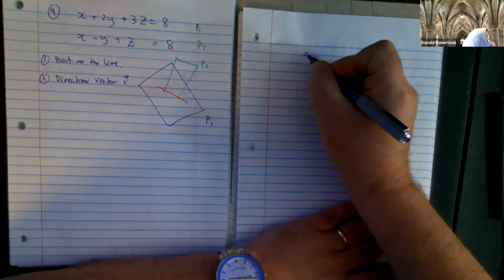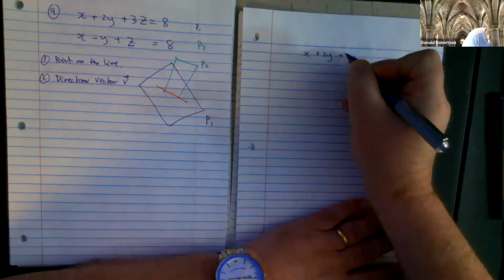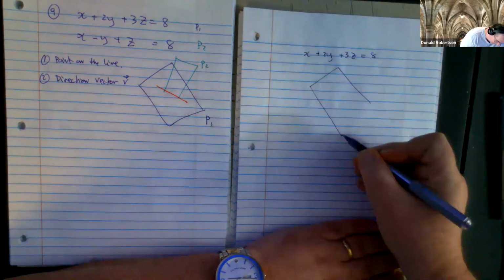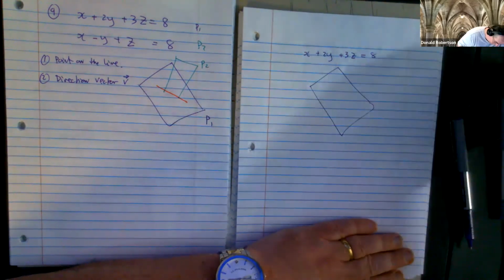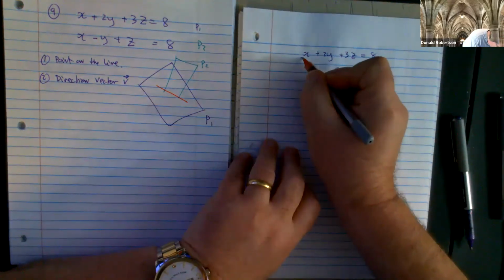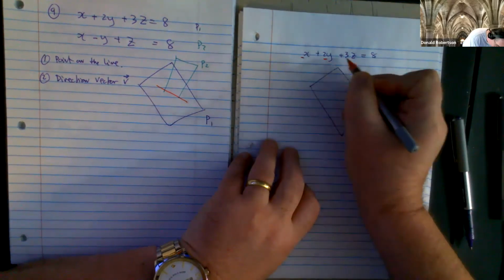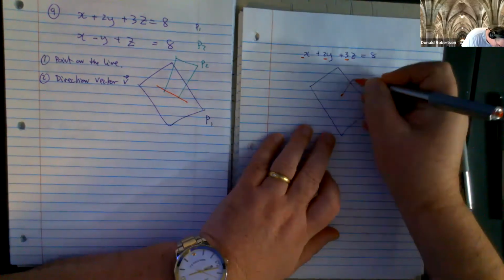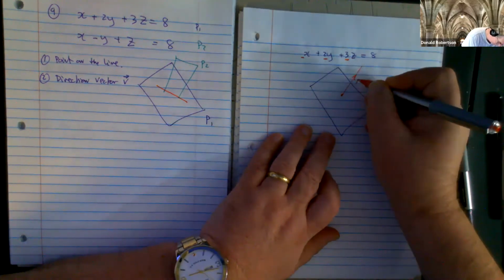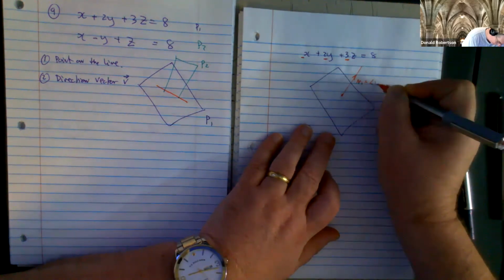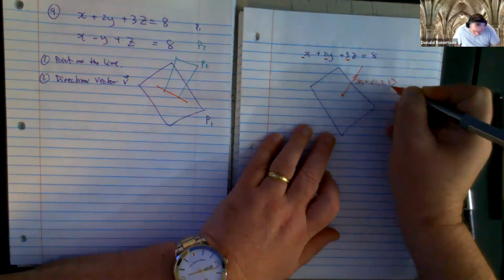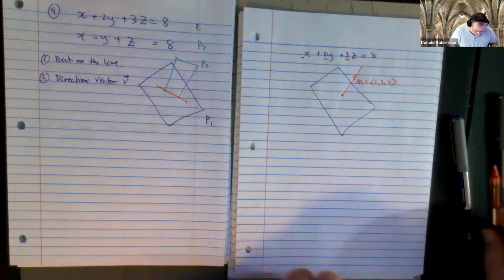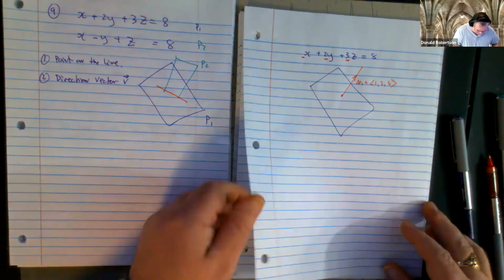When you write down the equation of a plane, like this one, these numbers here, 1, 2, and 3, they represent what's called the normal vector. The normal to a plane is a vector that has the property that it's perpendicular to the plane.